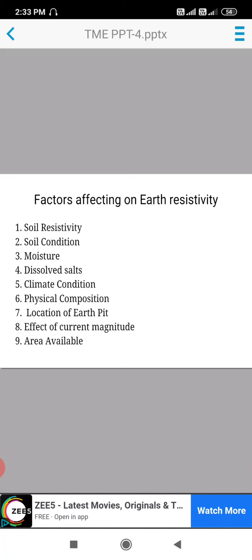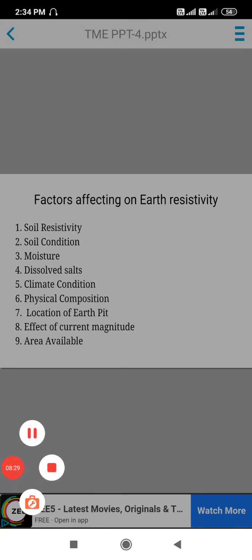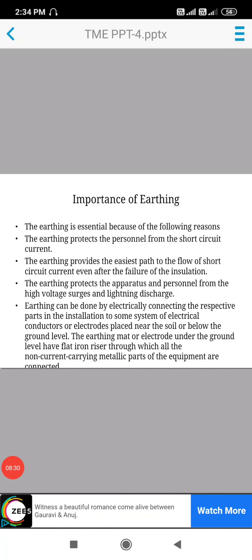If a number of electrodes are installed and interconnected to obtain the desired resistance, for that purpose we have to connect the electrodes together. Then we have to study the importance of earthing.